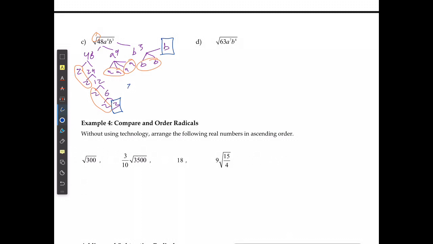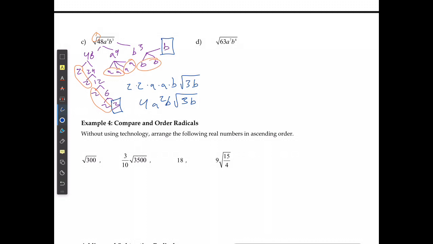So I have a 2, I have another 2, I have an A, I have another A, and I have a B that made it out. And on the inside I have 3 b's, which means that when I multiply everything back together on the outside, I have 4a squared b and the square root of 3b.